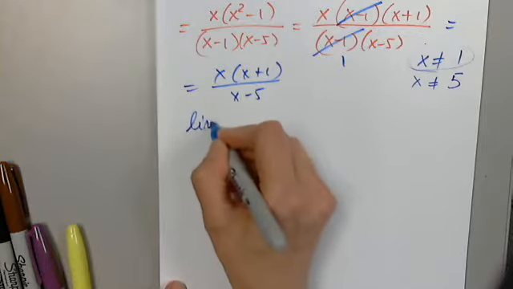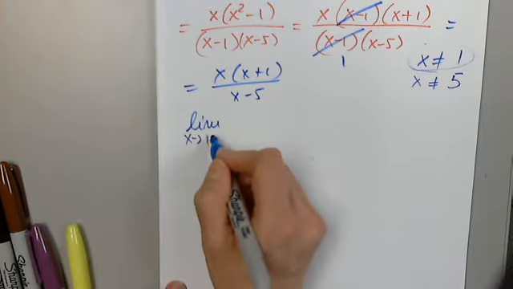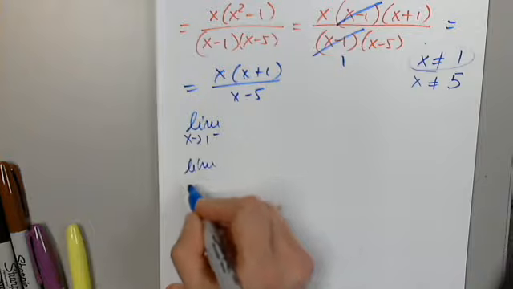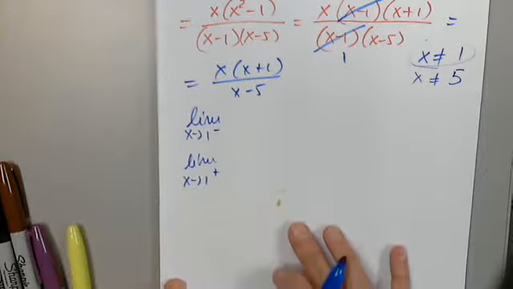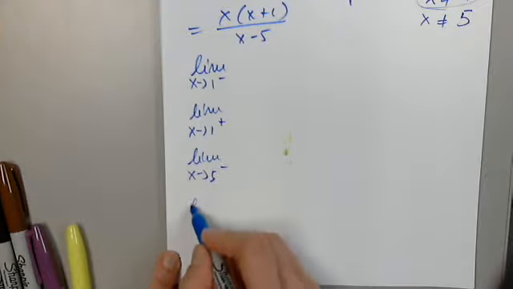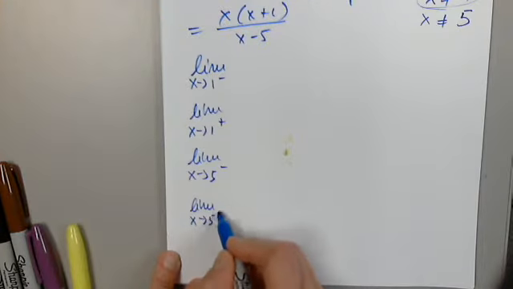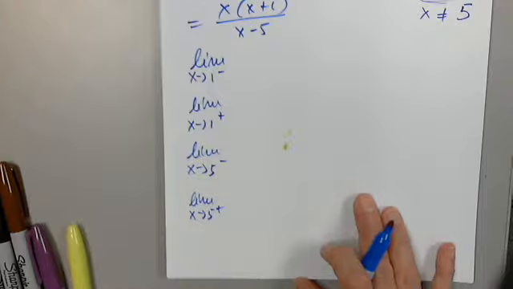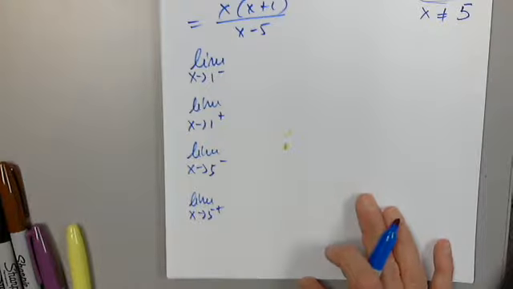So let's find the limit as x approaches 1 from the left, and limit as x approaches 1 from the right. Also, limit as x approaches 5 from the left, and limit as x approaches 5 from the right. I have to determine these limits. And then I will identify the vertical asymptotes.